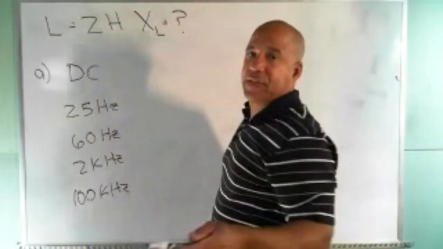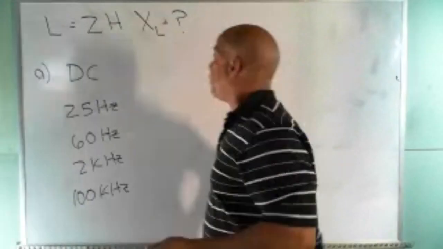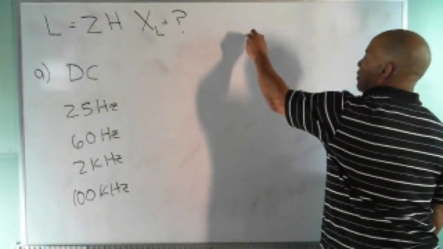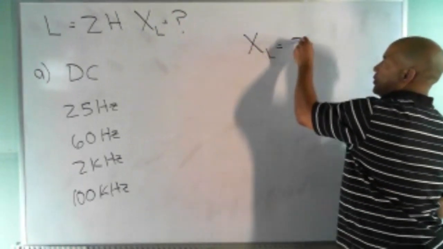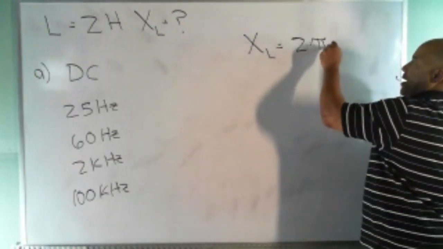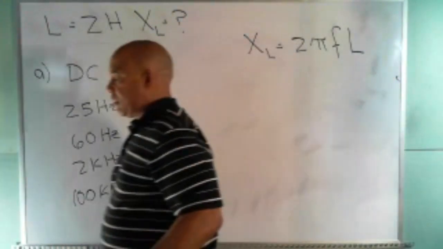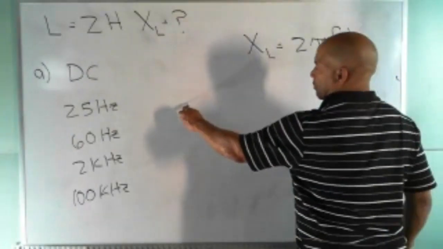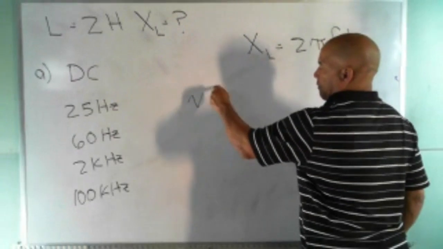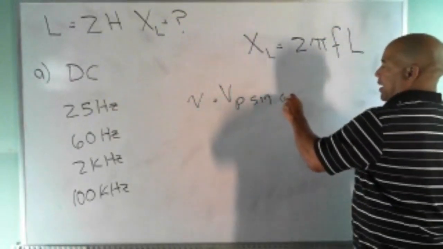I didn't mention this before, but remember when you calculate XL, it is 2 pi times frequency times L. But if you look, that 2 pi F, you might remember what that is. Remember we had our time domain, we had Vp sine omega t.